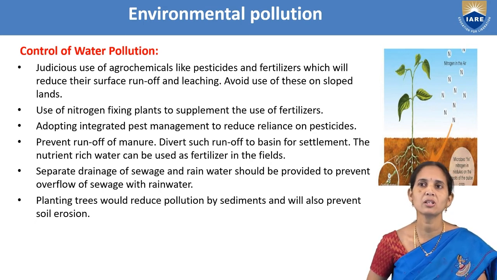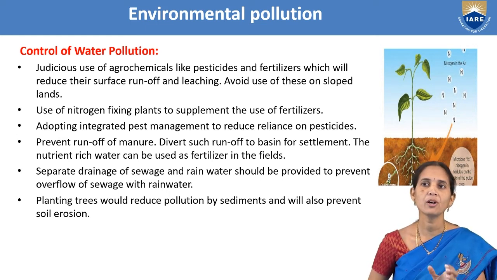The agrochemicals like pesticides and fertilizers will reduce, with surface runoff and leaching. So avoid the use of these fertilizers and pesticides, and use nitrogen fixing plants to supplement the use of fertilizers. So instead of fertilizers, we can use nitrogen fixing plants.